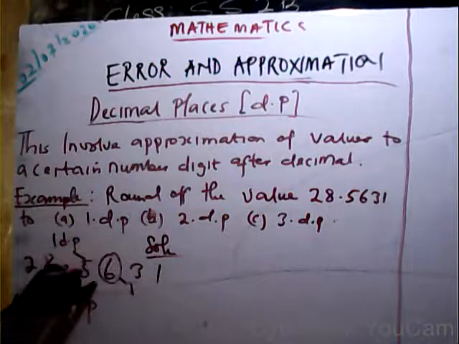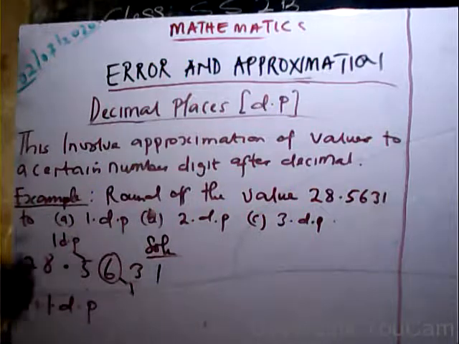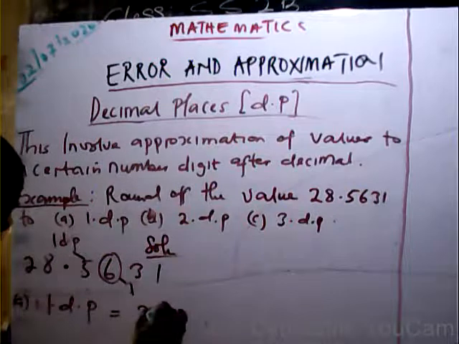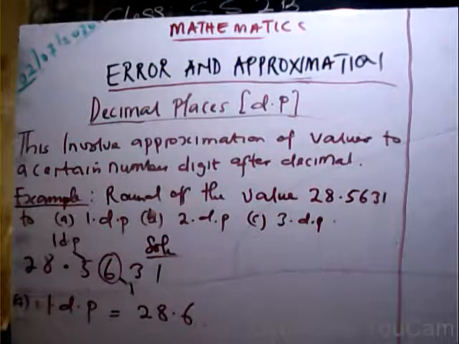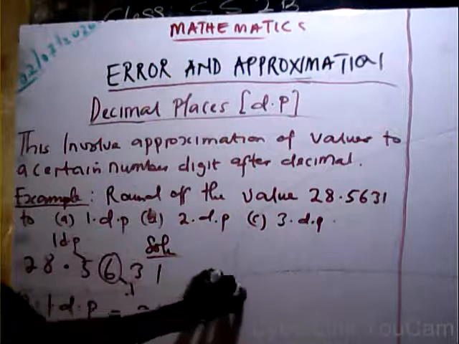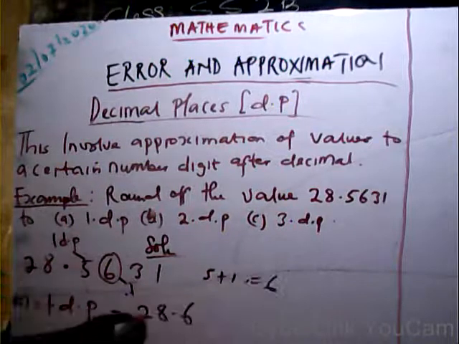When you add that 1 to this 5, it makes 6. So to 1 decimal place, you have 28.6. Are you getting that? Because 5 plus 1 gives you 6.